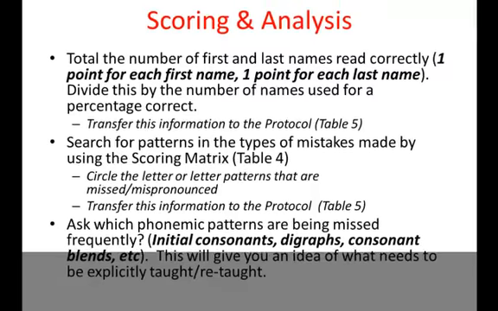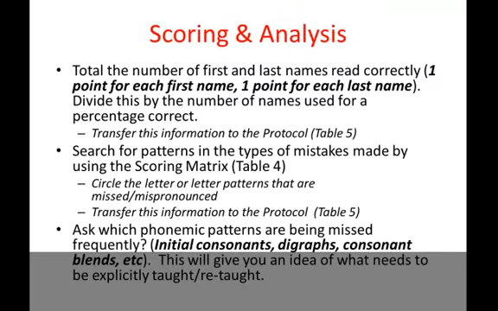So, these scoring and analysis procedures can all be found on the first page of your packet. So don't worry, it's all there. What I would encourage you to do is to read through the different pages, and look through them and get an idea for what the assessment looks like. Read through the list of names, and if you have any questions about those names, feel free to email me.